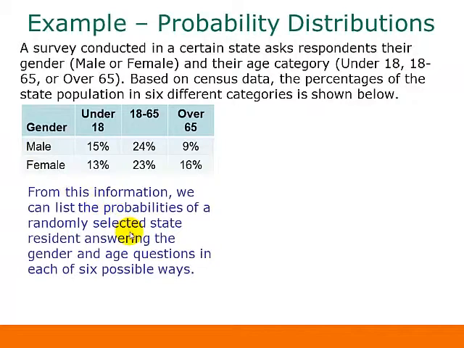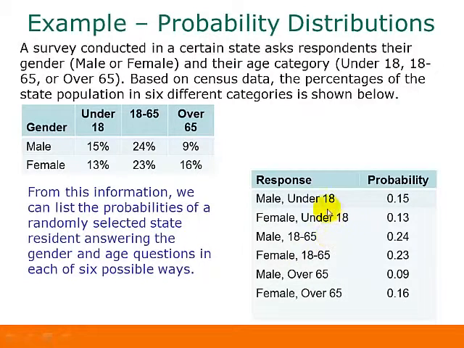So we can use this information to list the probabilities of a randomly selected state resident answering the gender and age questions in each of the 6 possible ways. So here are our 6 possible outcomes, and here are the probabilities, and we just got those from the percentages over here. In this case, they're just written in decimal form instead of percentage form.